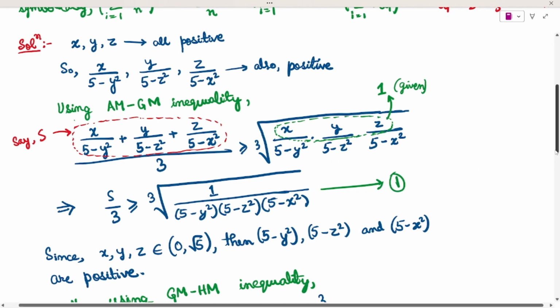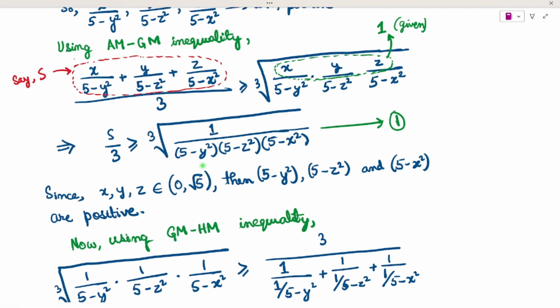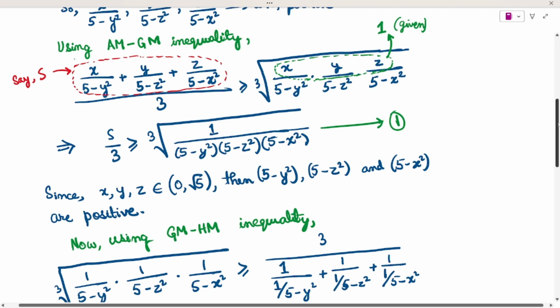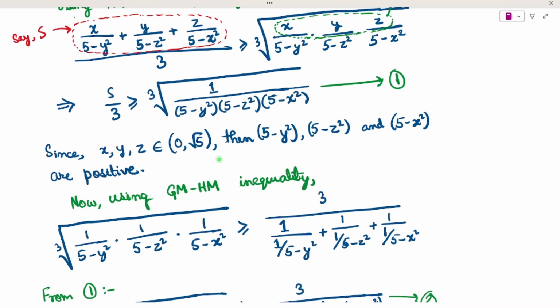So s by 3 will be greater than or equal to the cube root of this thing, 1 by (5 minus y square), (5 minus z square), by (5 minus x square). Now, let us say this is equation 1. Now, what happens is, since we know x, y, z lie between 0 and root 5 as given in the question, then 5 minus y square, 5 minus z square, and 5 minus x square are positive.